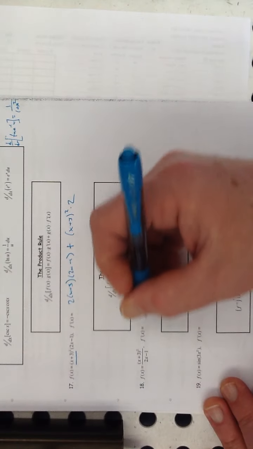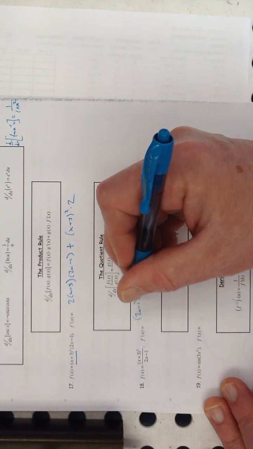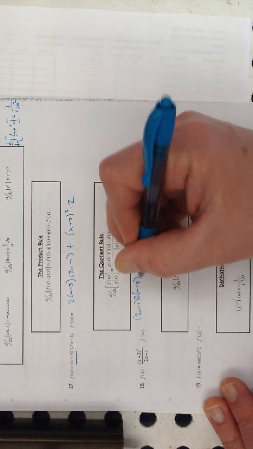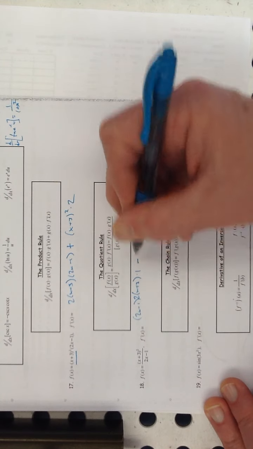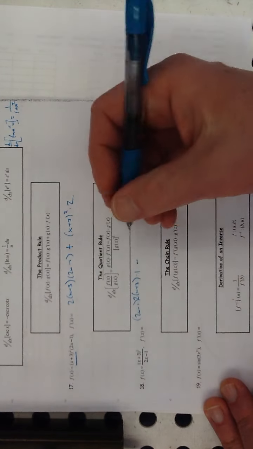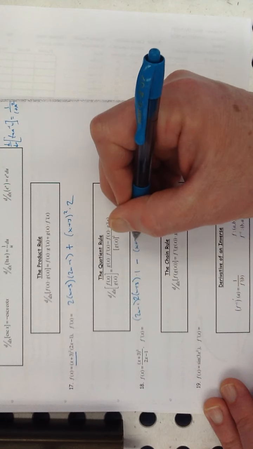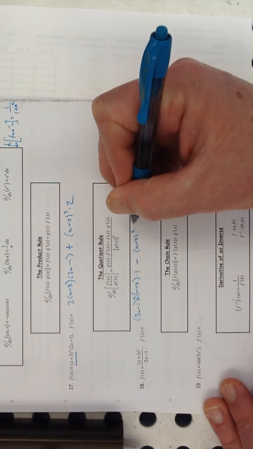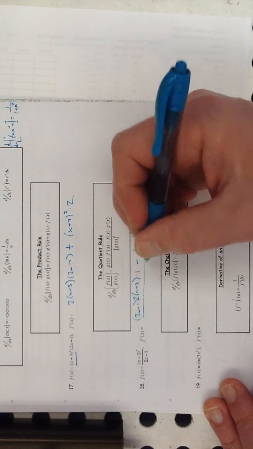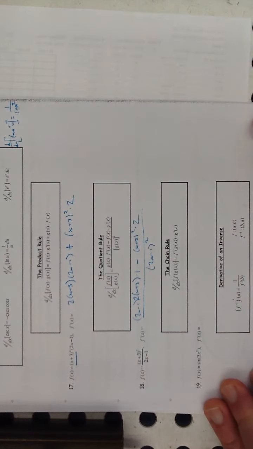So quotient rule is low d high minus, I'm just doing that to remind myself that the chain rule is a thing. Low d high minus high d low over low low.